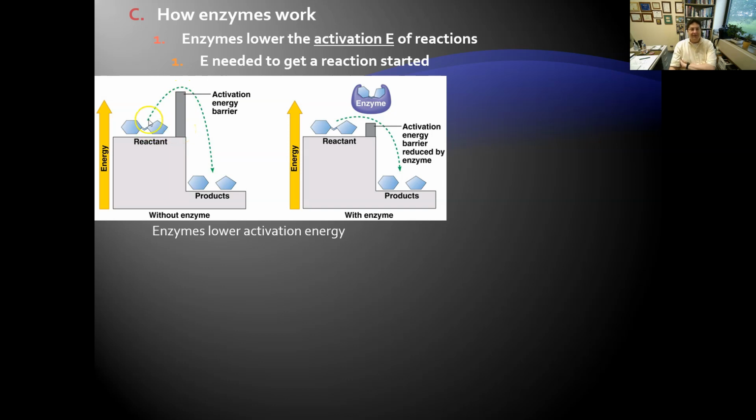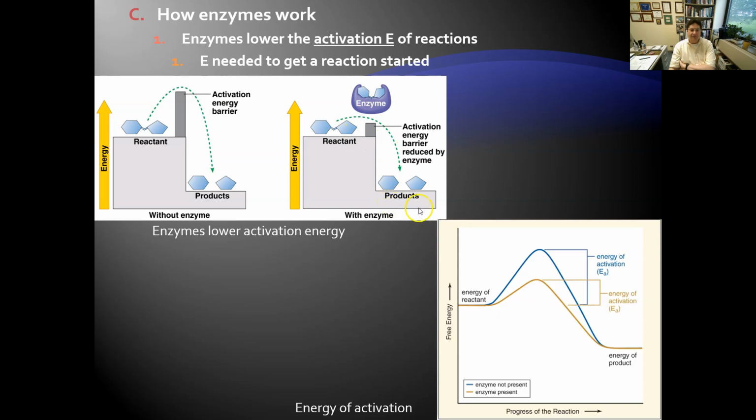So to break this apart, we have to kick in enough energy to go over that wall. This is without an enzyme. Look what happens if I use an enzyme. You see how we've shortened that wall? Now it's just real easy. So the enzyme lowers the activation energy, and that makes the reaction occur faster.